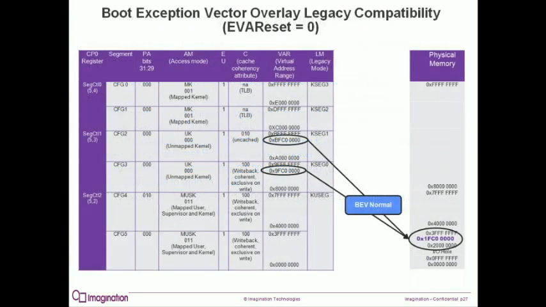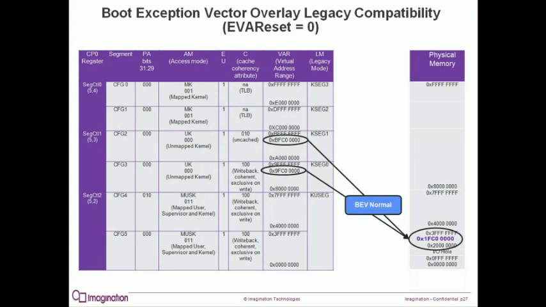Here is a table of the segment control registers combined with the boot exception vector overlay when EVA reset equals 0, putting the core into legacy compatibility settings as discussed in the previous slide.